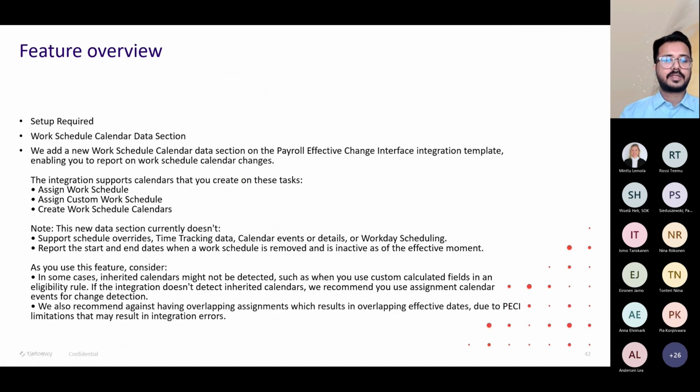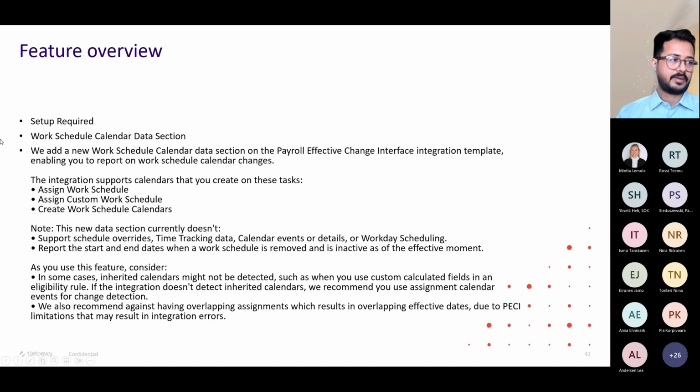The next we have work schedule calendar data section. With this, Workday is enabling the work schedule calendar data section on the PG template, and this will support assigning work calendars, assigning custom work schedules, and creating work schedule calendars. There are a few notes along with this: it doesn't support schedule overrides, time tracking data, calendar events or details.